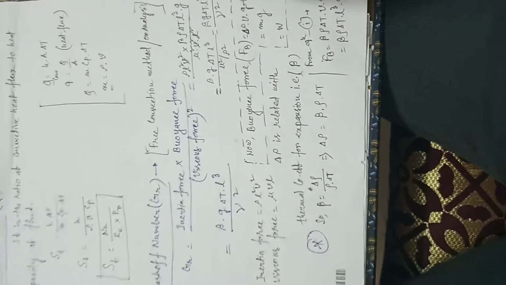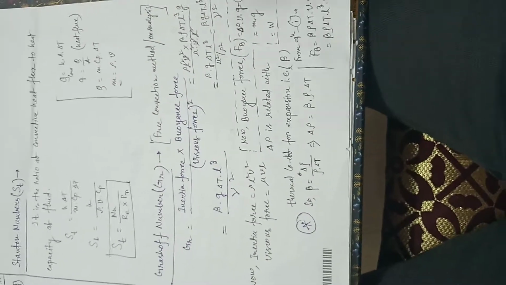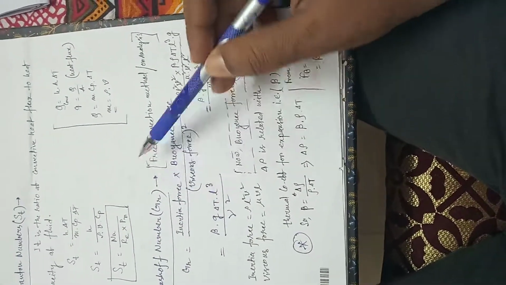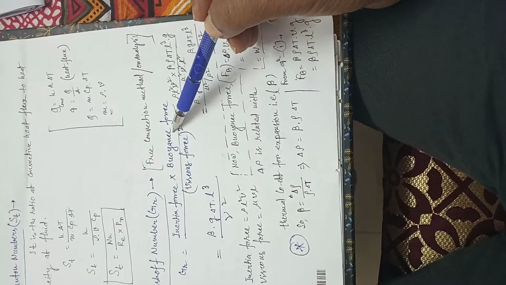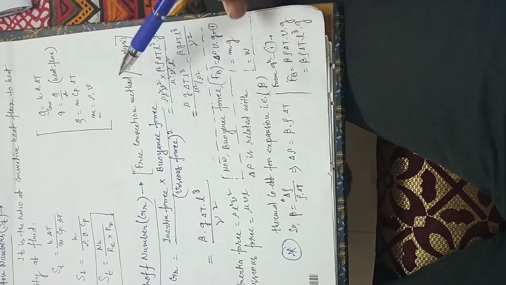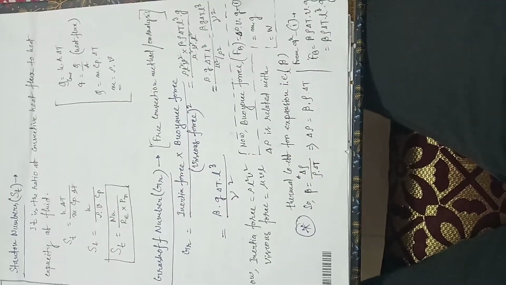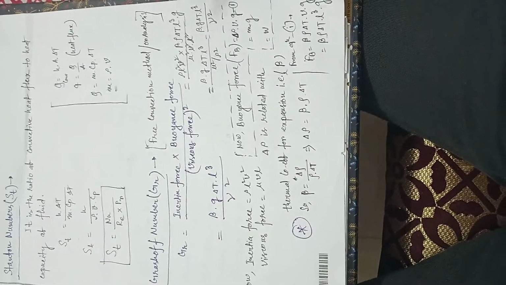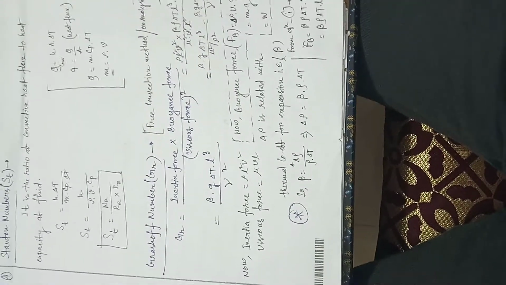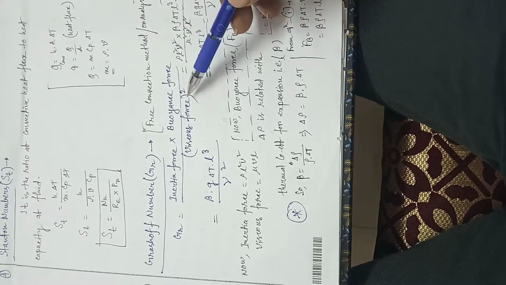Look, the Grashof number. This number is also used in free convection analysis, and it is the ratio of inertia force into buoyant force by viscous force squared. Inertia force, we know, is the momentum. Buoyant force is the upward force, and viscous force comes from the viscosity.